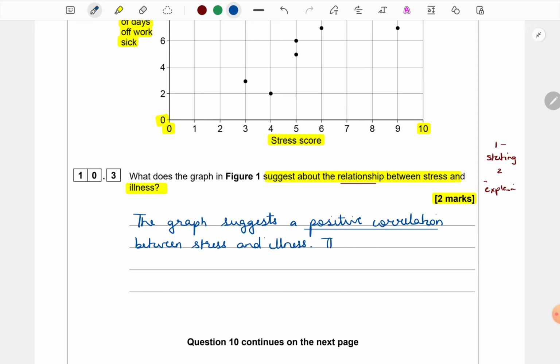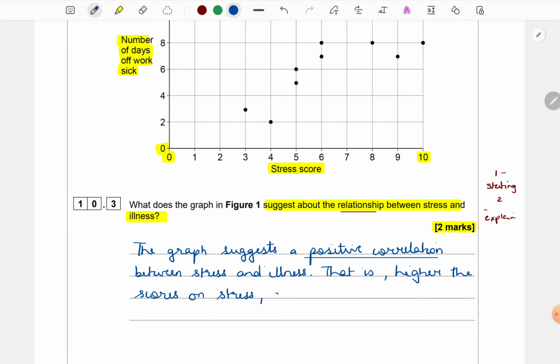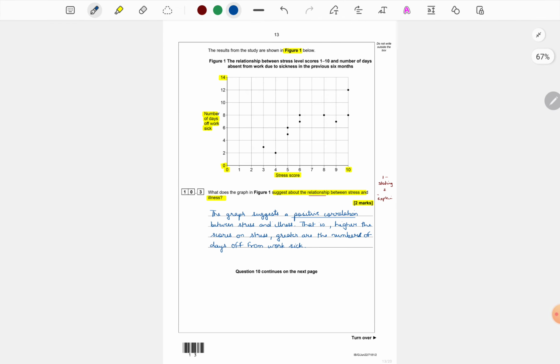That is, higher the scores on stress, greater are the number of days off from work sick. Let us move towards the next question.